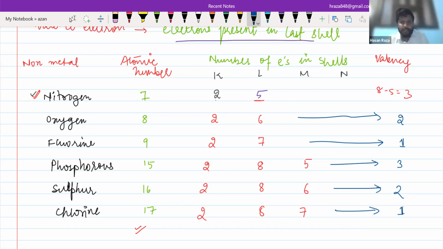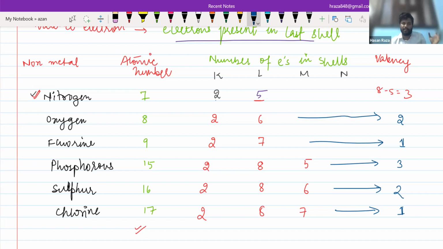So basically, in the previous class, I explained what is stability. If an element has its shell completely filled with electrons, that means that element is stable. You can see in noble gases, every element has completely filled electrons in its shell. That's why they are called noble gases. They are stable, and if they are stable, they do not want to react.